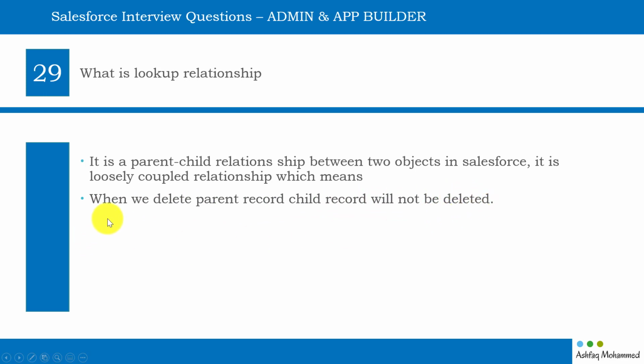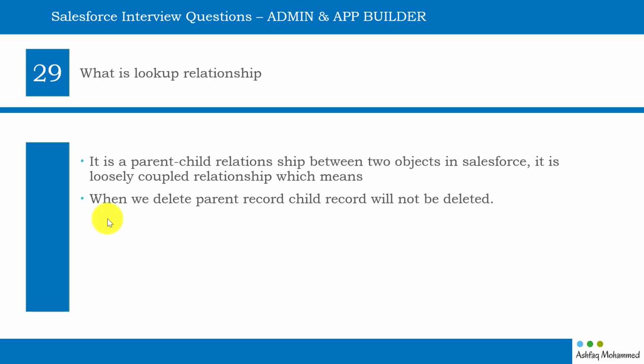Okay, so if I have two objects, parent and child, then if I delete the parent object, I don't want to delete the child object. Let's say for example, I have student and course, right? I'm deleting student, course should not be deleted, right? Or I could say student and routes.